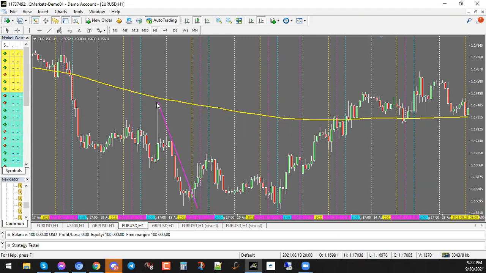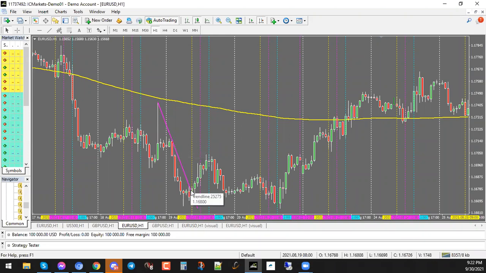If you look carefully, we're starting our trend lines before the start of the new day. This is the highest point of the day, and we start our trend line here. We pull it down to the next swing.